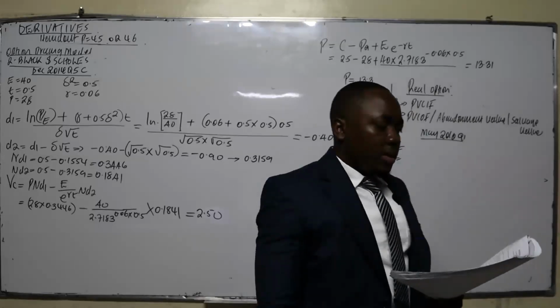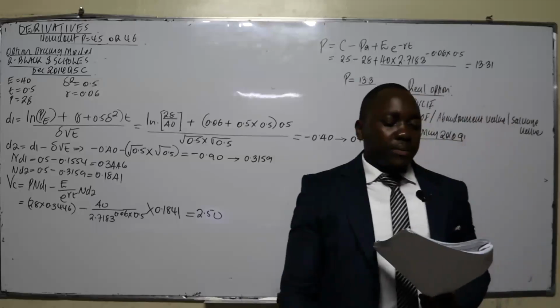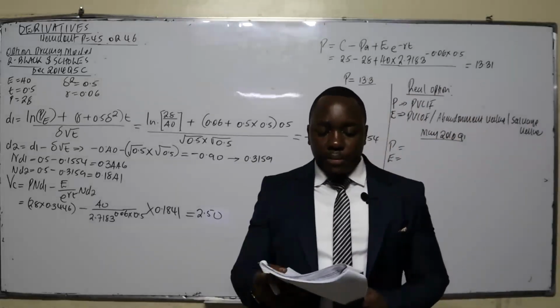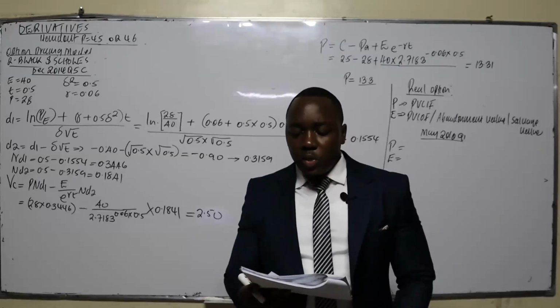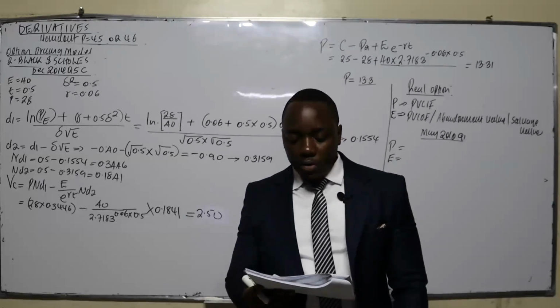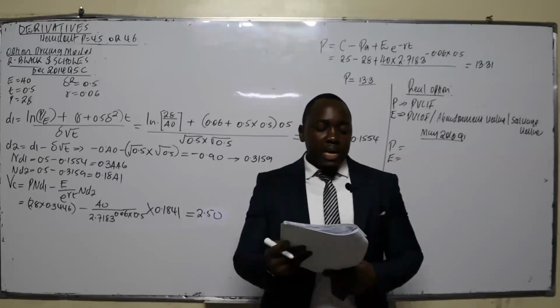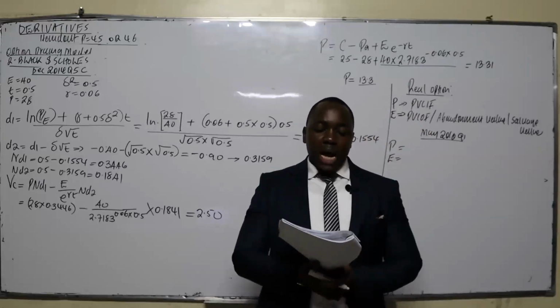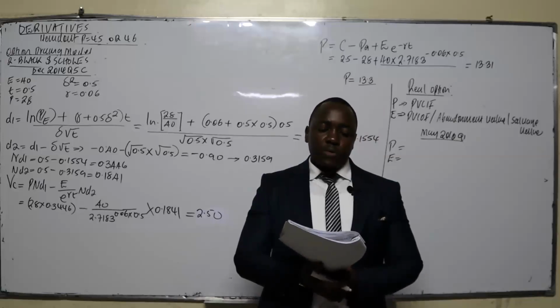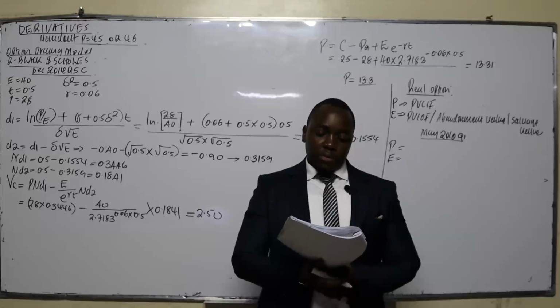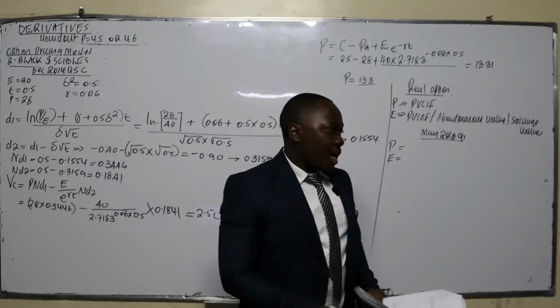Question 1, part B: you are told that Planet Limited is considering undertaking a 20-year project which requires an initial investment of 250 million. That's the present value of cash outflow. The present value of the expected cash flows is 254 million. That's what we call the present value of cash inflow.